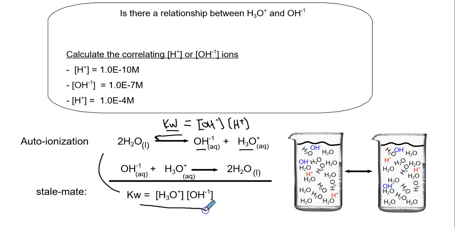Based on our rules of equilibrium, the concentration of hydroxides can go up and this can go down, or the hydroxides can go down and this can go up, but the product cannot exceed this. It's a teeter-totter between the two, but together they need to follow this algorithm.